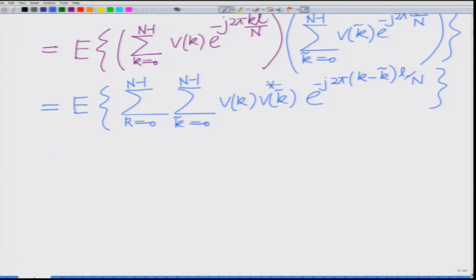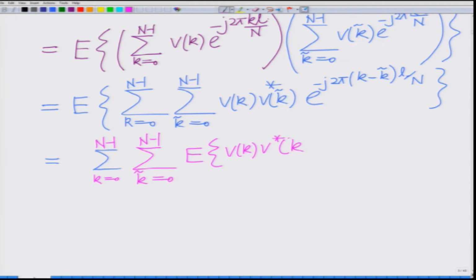Now, once you take the expectation operator inside, I have something interesting. I have the summation over k equal to 0 to n minus 1, summation over k tilde equal to 0 to n minus 1, expected value of V k V conjugate k tilde, e to the power of minus j 2 pi (k minus k tilde) L divided by n.